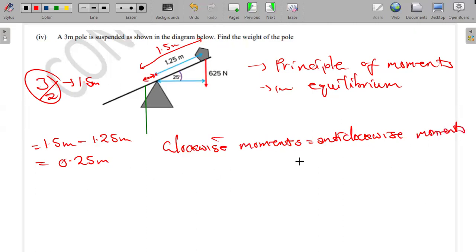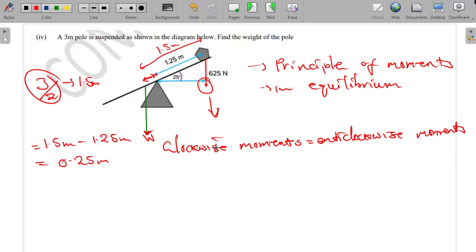So what do we have as our sum of clockwise moments? You're going to notice we have this force, which is acting downward like that. Then in the anti-clockwise moments, we have the weight, which is acting in this particular direction. So we have this force acting in the clockwise direction, whilst we have the weight of the uniform beam acting in the anti-clockwise direction.